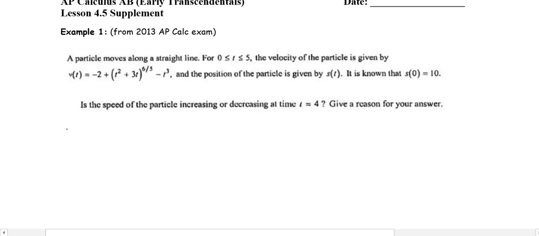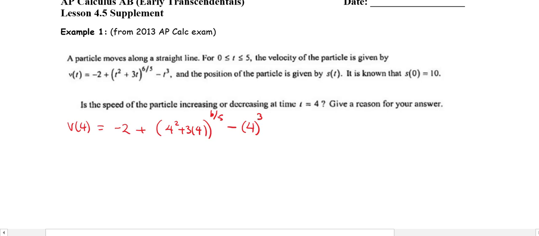So yes, if you're thinking all I have to do is figure out the velocity at 4 and the acceleration at 4, you're right. Let's do the velocity first. Just have to plug in the number: -2 plus 4 squared plus 3 times 4 to the power of 6 over 5 minus 4 cubed.